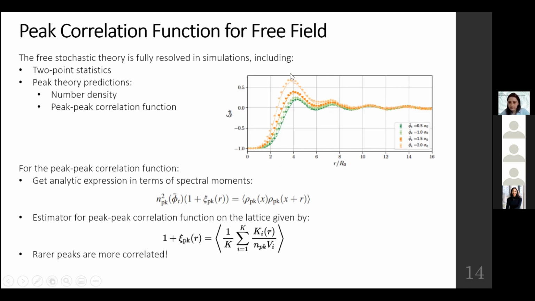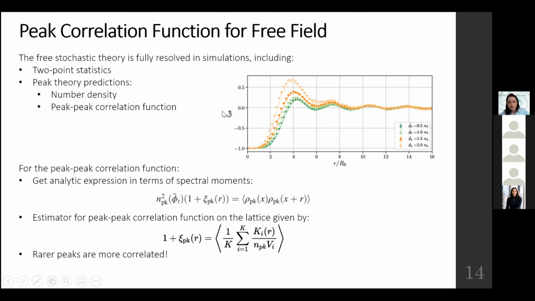Then there is an exponential increase here. We see that the correlation estimator peaks at separations of a few times the smoothing scale, and then it begins to fade as we increase the separation. This tells us that there is an increase in the expected number of peaks at this particular separation, whereas at larger separations, we expect there to be fewer peaks.